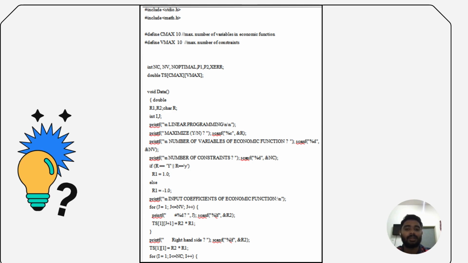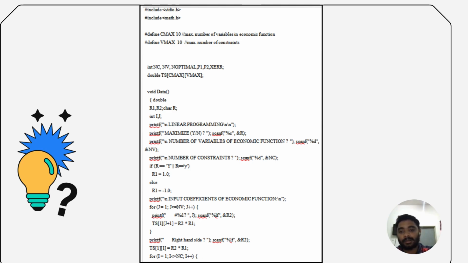Next, #define VMAX 10 defines a constant VMAX with the value 10, representing the maximum number of constraints. Next, int NC, NV, NOPTIMAL, P1, P2, XERR declares integer variables.